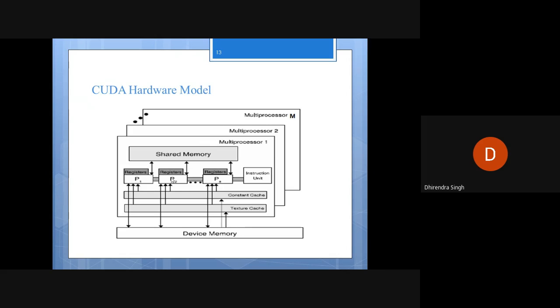There is also a concept of constant memory and texture memory. Initially, this data is available on the device memory, but during the execution, the memory which we have defined as constant memory or texture data will be copied to the cache of the multiprocessor.